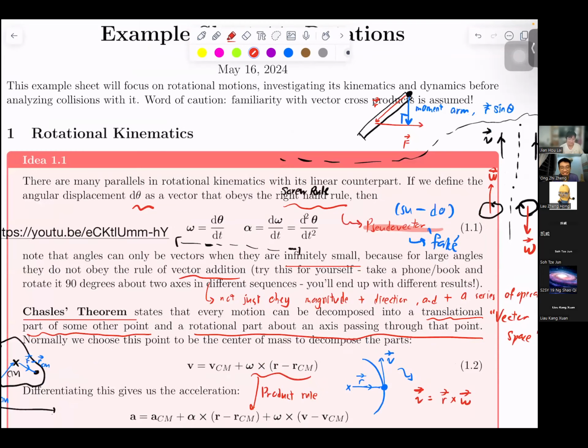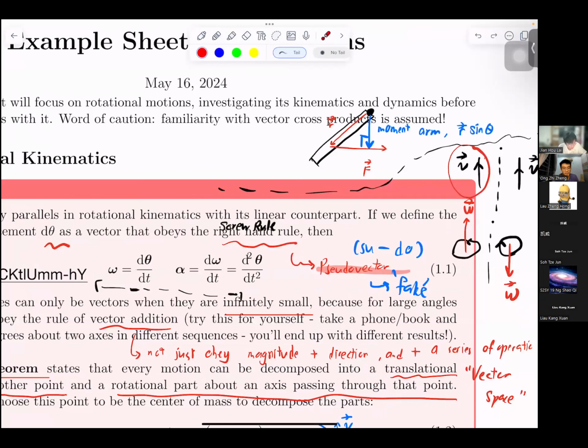Like a vector, let's say a linear velocity.